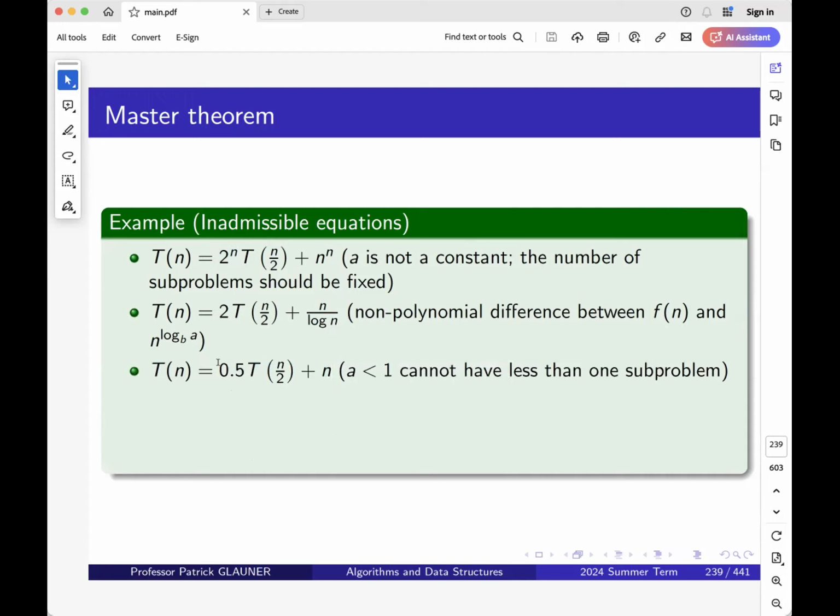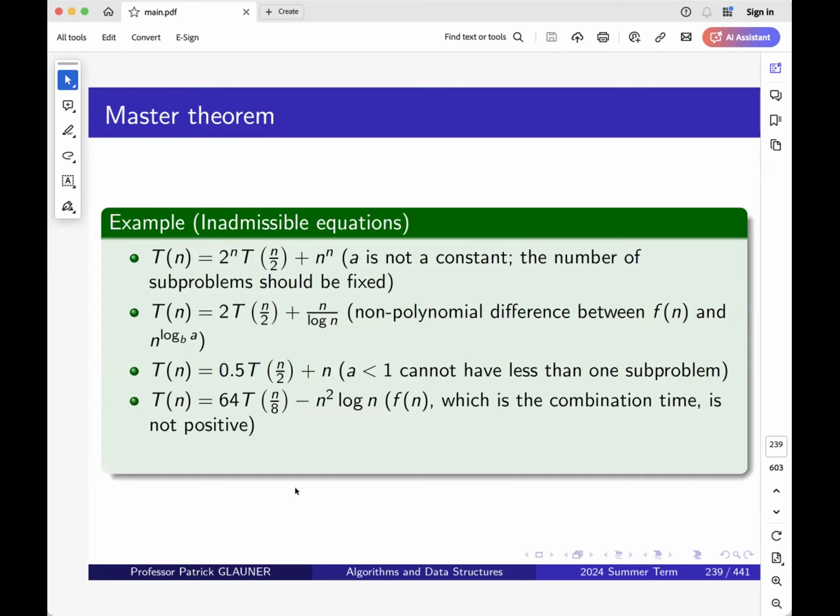I say T of n is a half times T of n half plus n. But this here doesn't make any sense because I can have one subproblem or two subproblems, but I cannot have 1.5 subproblems or just a half subproblem. That doesn't make any sense from our point of view, from a computation. And that's why here the master theorem will not work either.